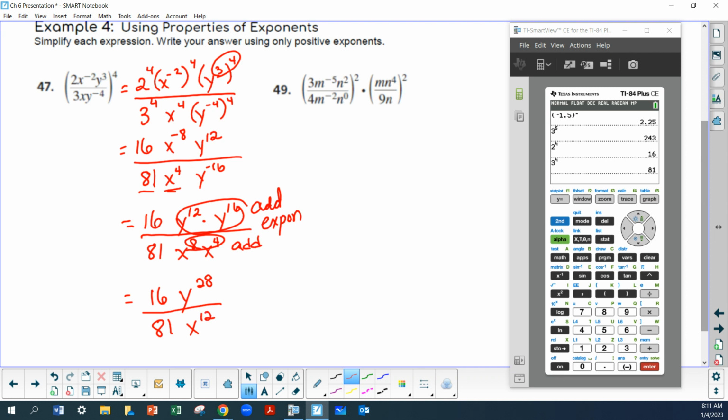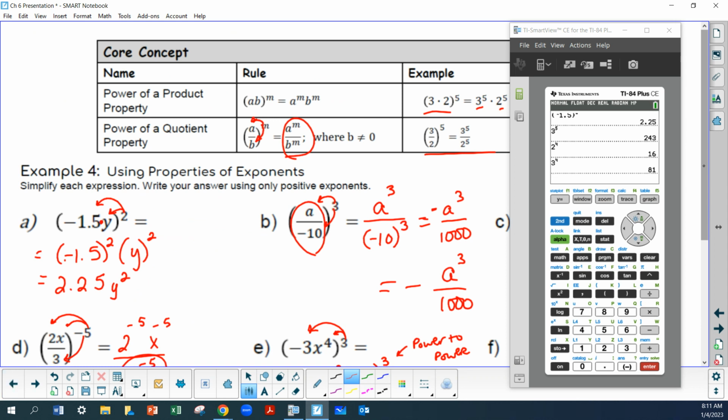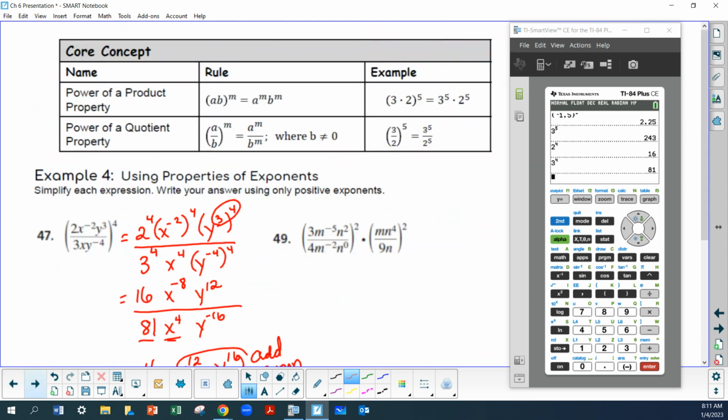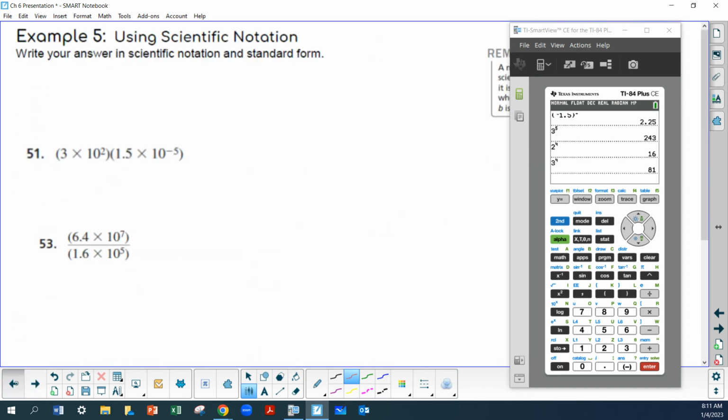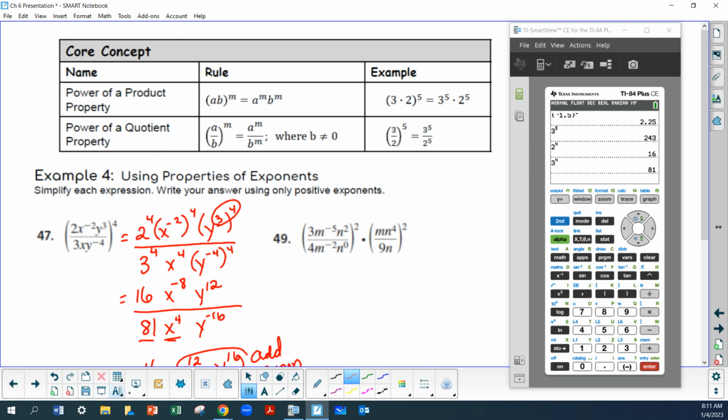And nothing will simplify. I don't see any common factors between 16 and 81, so that'll just stay as well. Okay, it's a lot more work than what we had on the first page, but the properties just get utilized the same as always.